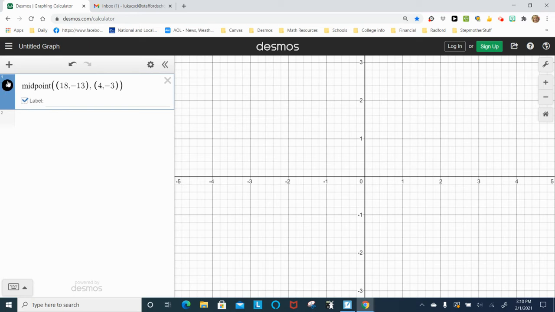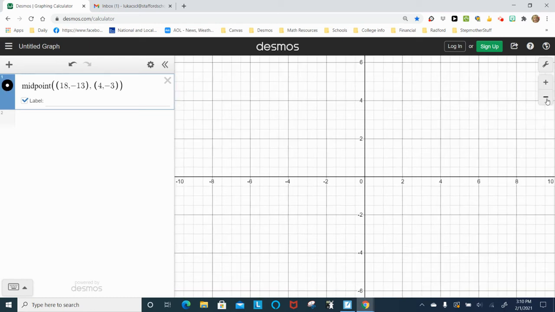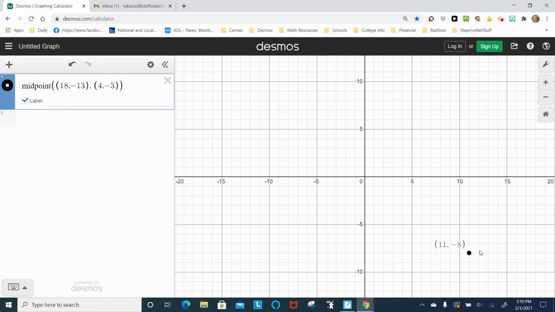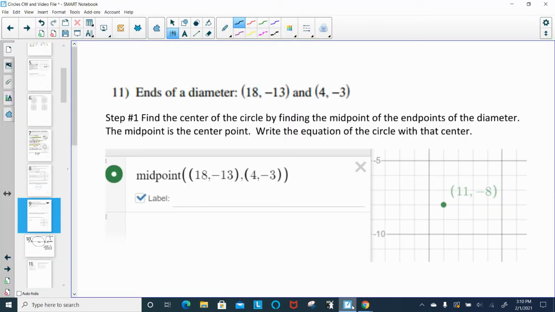The midpoint is going to be a black dot because we're using black here. We could always make it a different color, but let's try zooming out. Looking for our black dot. Oh, there it is. So the midpoint is 11, -8. And if you look at your notes, I have screen captured that for us, 11, -8.